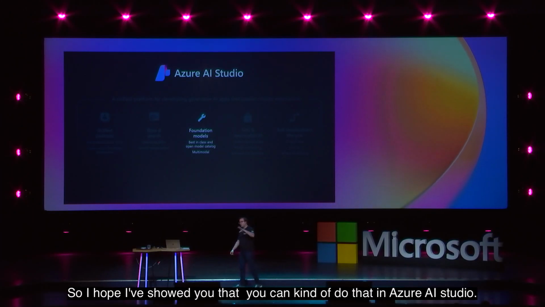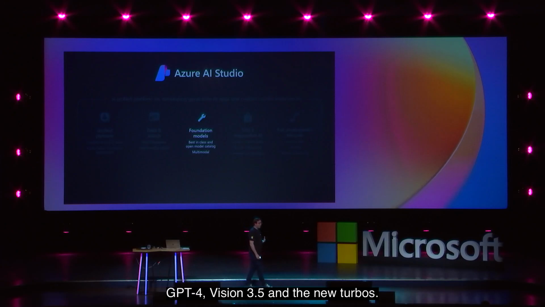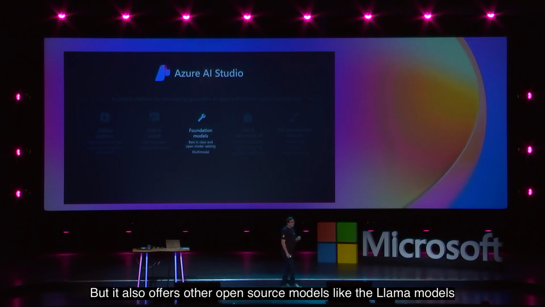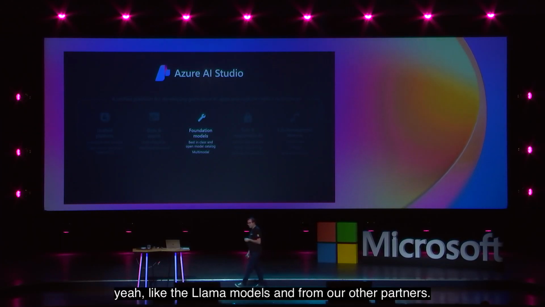So I hope I've shown you that you can do that in Azure AI Studio. So Azure AI Studio offers models from OpenAI, such as GPT-4, GPT-4 Vision, 3.5, and the new turbos, but it also offers other open source models, like the Llama models and models from our other partners.